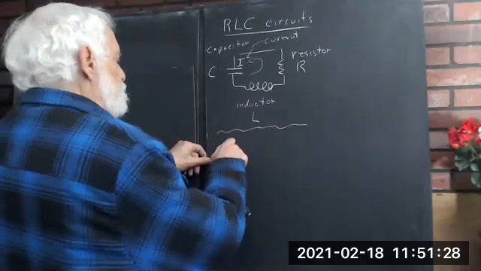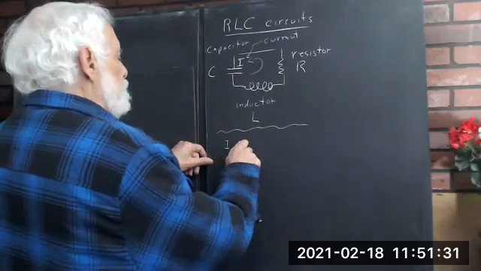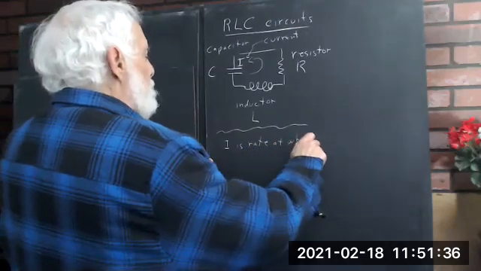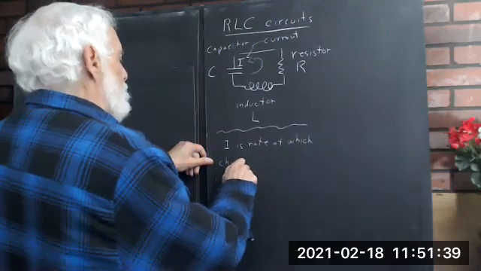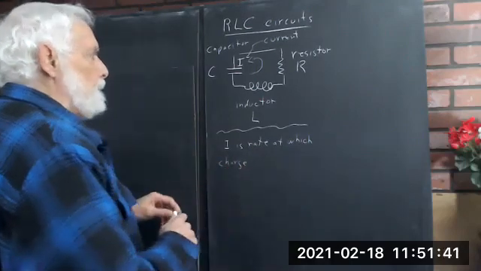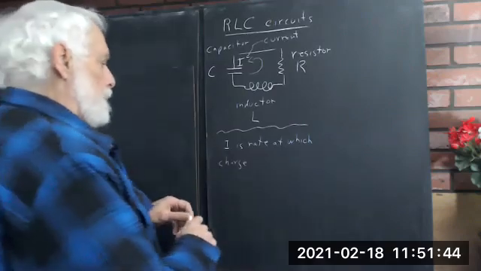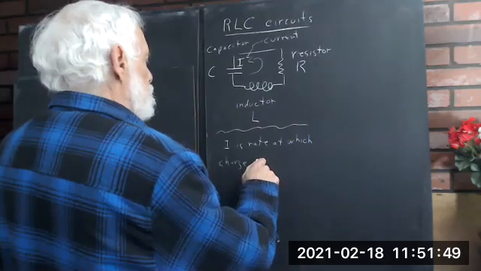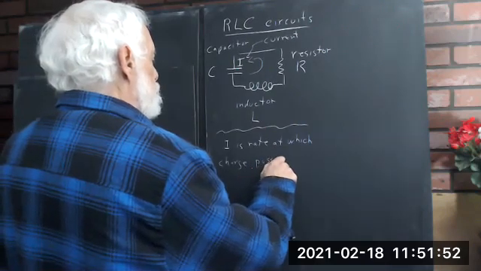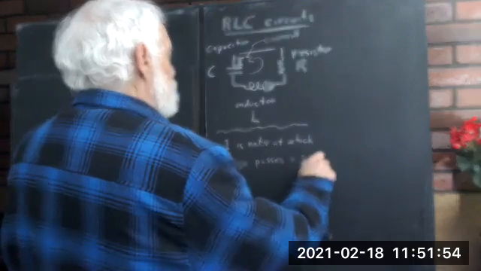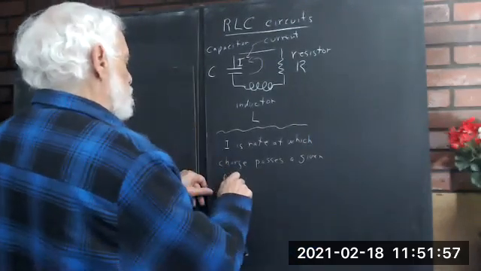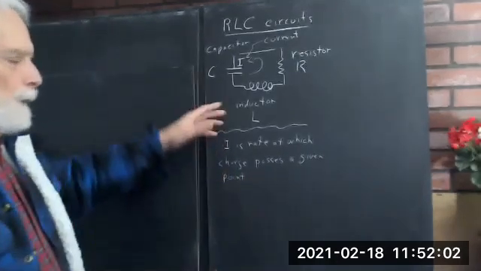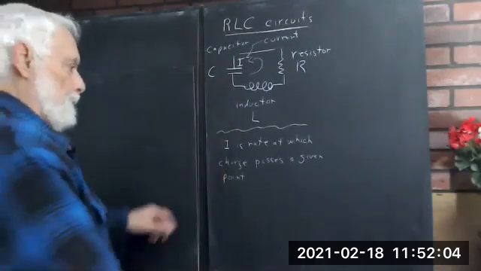I is the rate at which charge passes a given point.